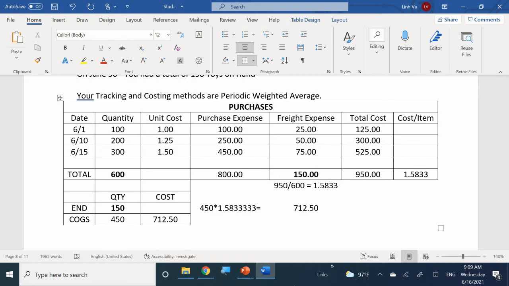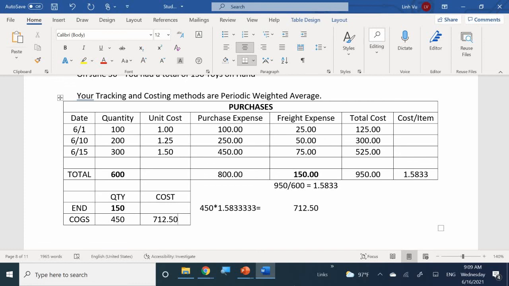Like I've mentioned before, we don't round the average cost per item. We leave that in the calculator, and if you're using Excel, just leave that formula alone. Do not round it, because you're going to round at the end when we calculate our total cost.